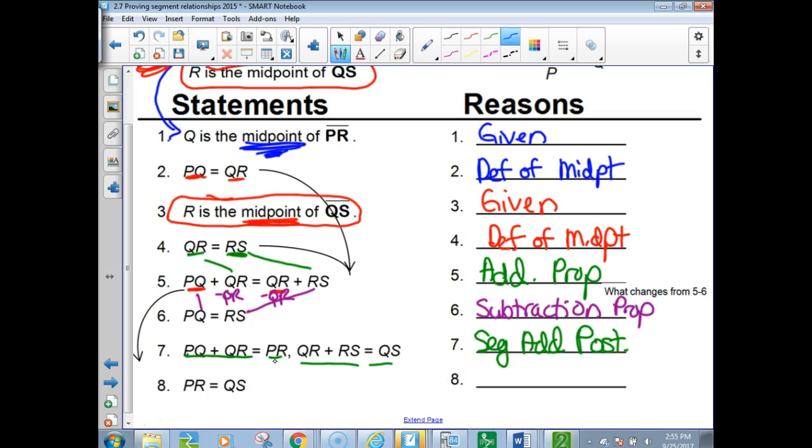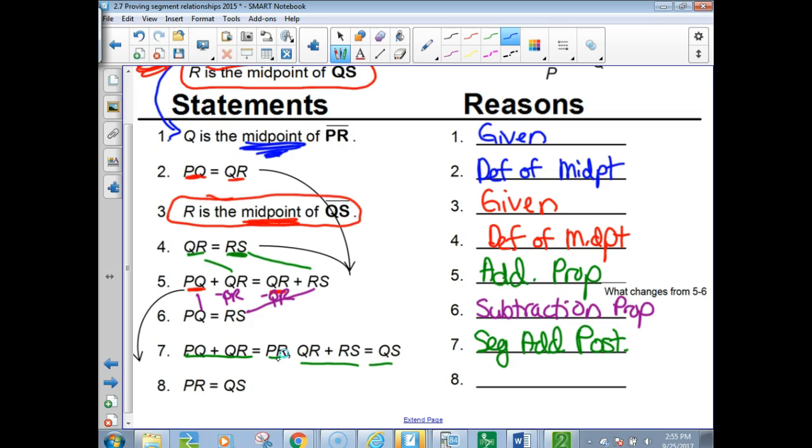Finally, up here on number 5, it says PQ plus QR equals QR plus RS. So since they said these are equal already in the proof, you could go ahead and trade them for the PR and the QS and make a new statement.